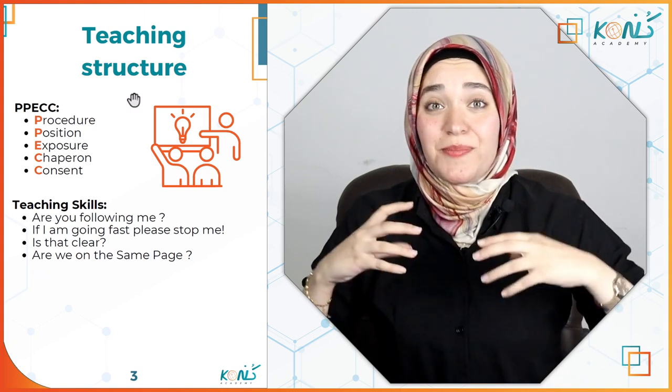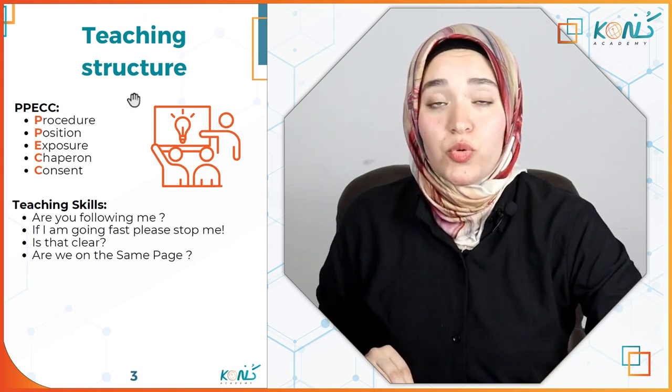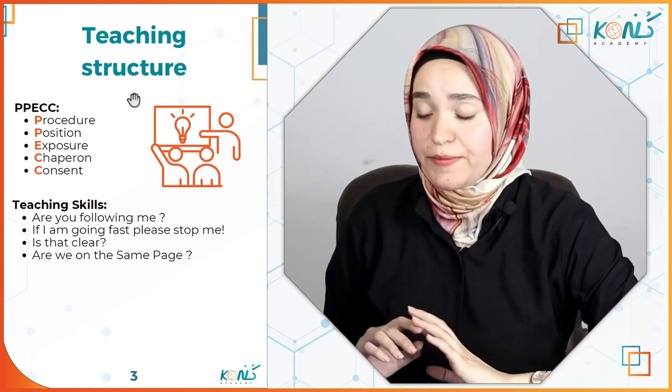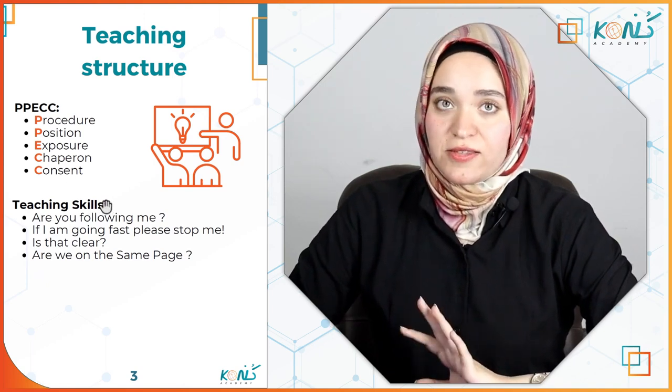This is the way you explain to your colleague how to take consent and how to explore something to the patient. Okay? And then remember, you need to have these teaching skills.